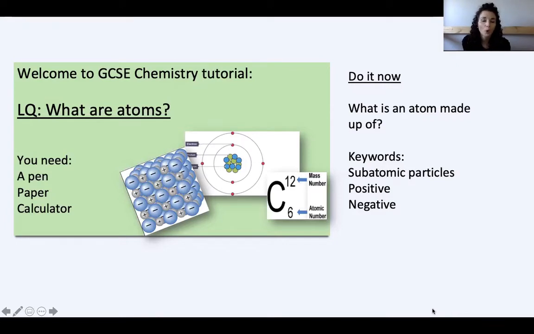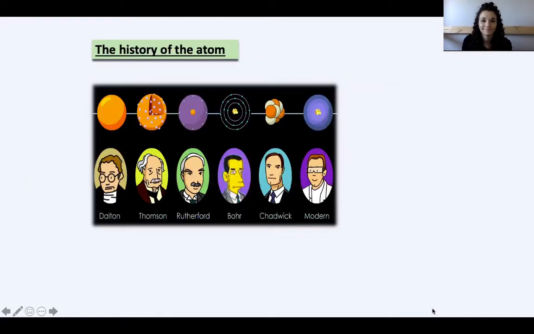So if you can pause the video now and make a little brainstorm or a mind map with any words that you can think of that make an atom. Okay, so we will park that knowledge about what an atom is made of for now, and we'll come back to it in the next slide.